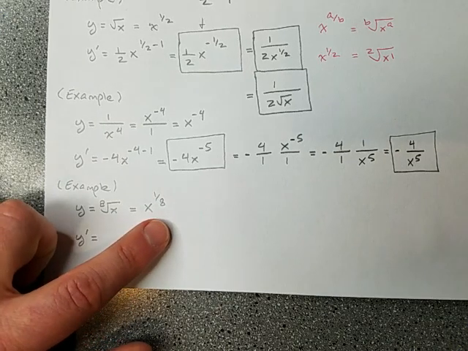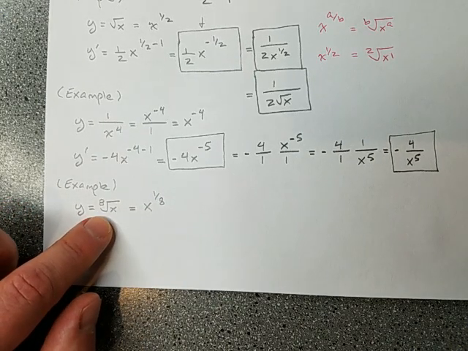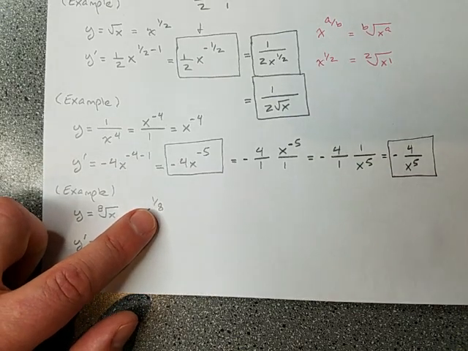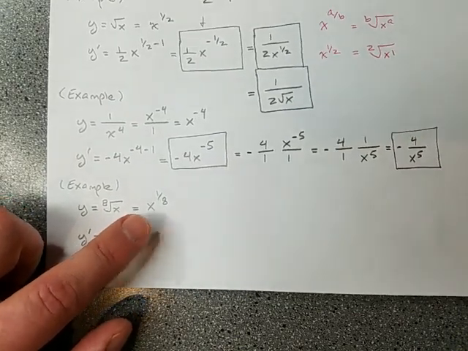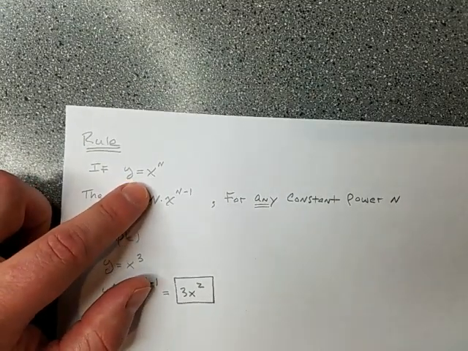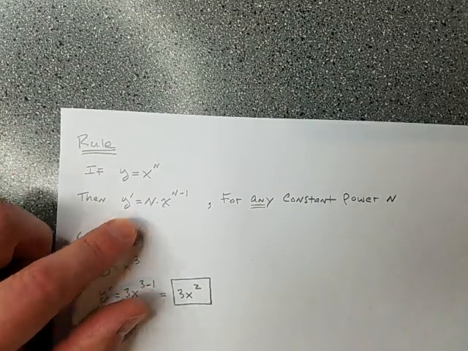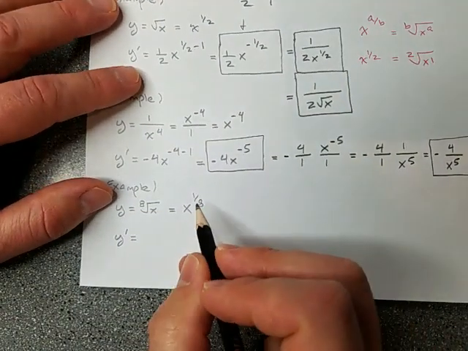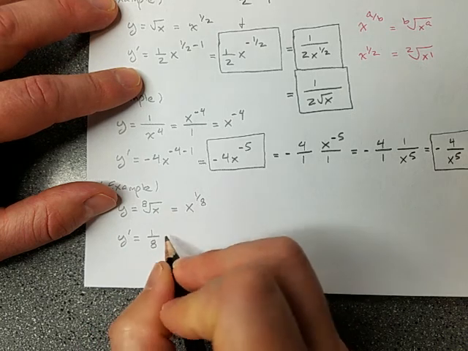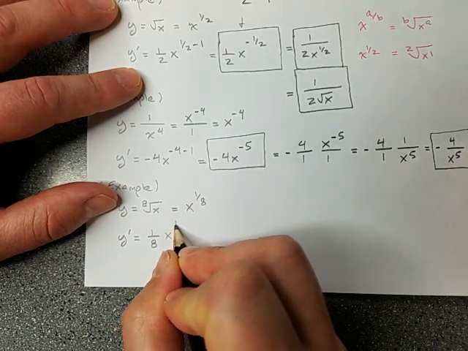It's the same thing. The 8th root of something is the same as that something to the 1 over 8 power. Of course, I'm getting there because my rule demands that that's where I be. Okay? All right. So now that I'm there, it should be straightforward. At least this first step should be straightforward.